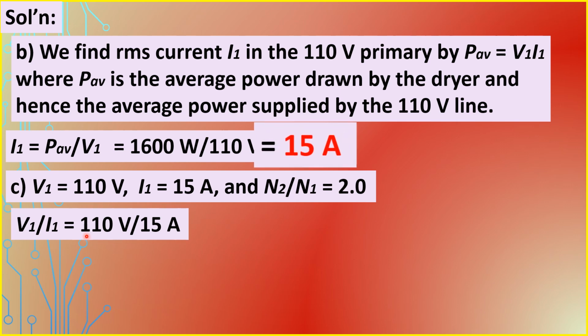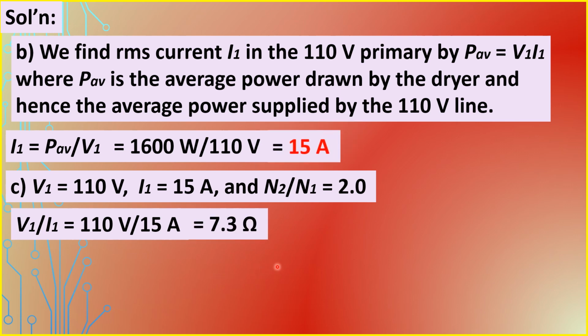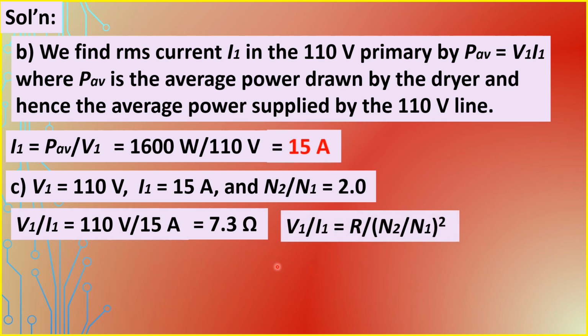Alright, so the ratio V1 over I1 is just 110 volts divided by 15 amperes, which gives us 7.3 ohms. And this ratio, V sub 1 over I sub 1, is just equal to the resistance big R divided by the square of N2 over N1.